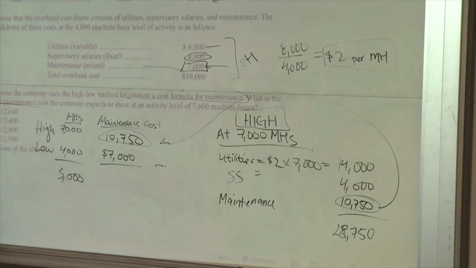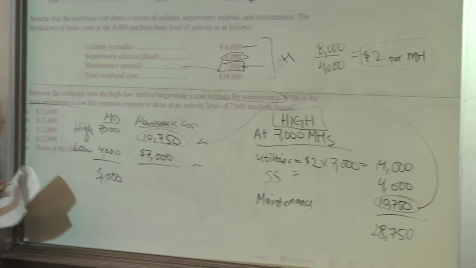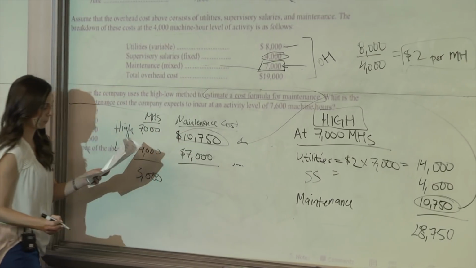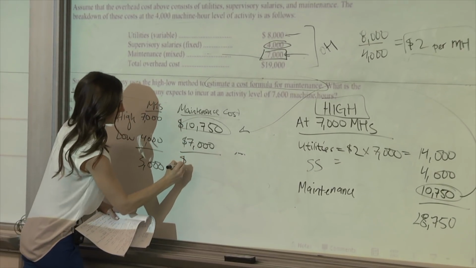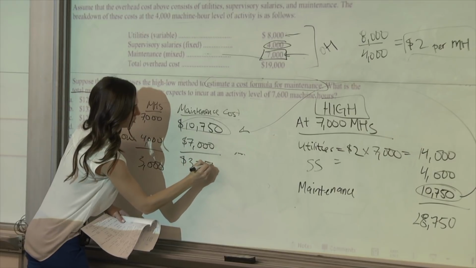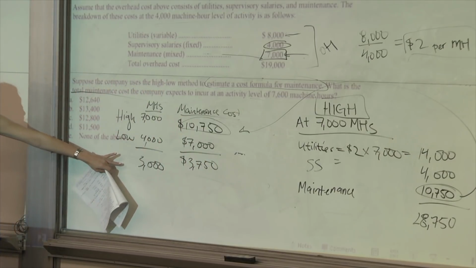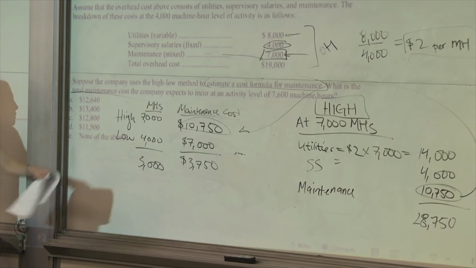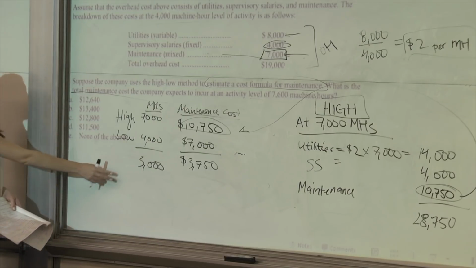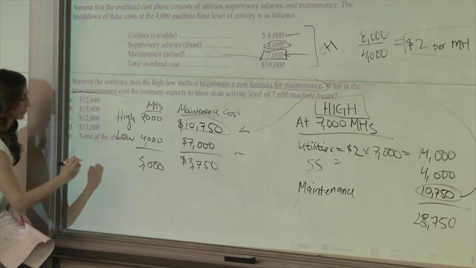Now we have the easy case that we did last time, where we have the high and low, we calculate the difference, get the variable costs, use that, and find the fixed costs. So let's take this difference. So what did we do before? We wanted to estimate the variable cost per unit.